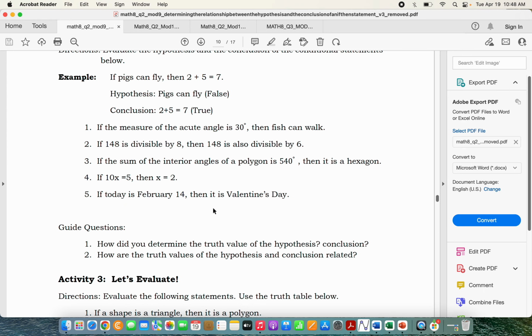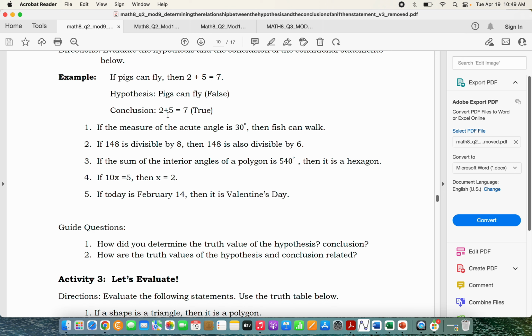Okay? Example, if pigs can fly, then 2 plus 5 equals 7. So, yung hypothesis niya, pigs can fly. So, automatically, a pig cannot fly, right? So, that's impossible. Therefore, the hypothesis is false.